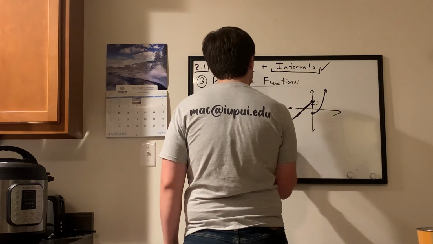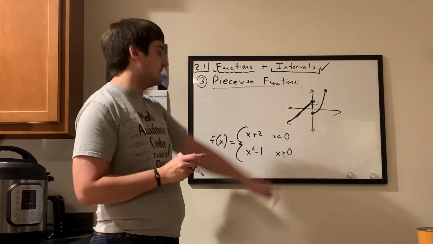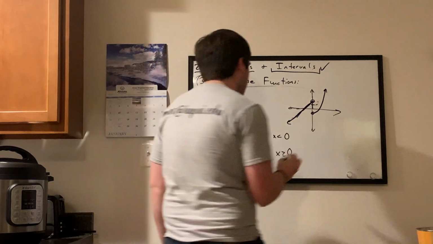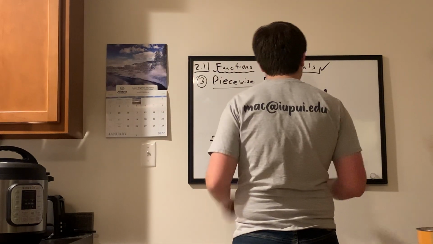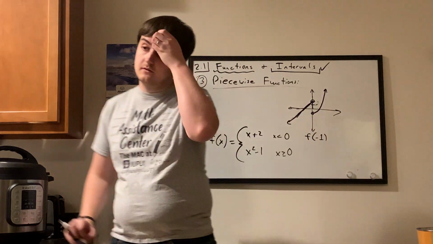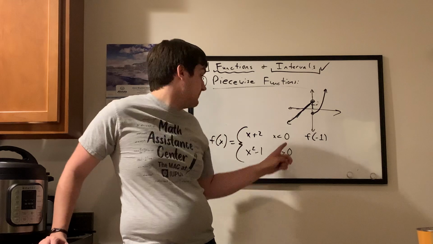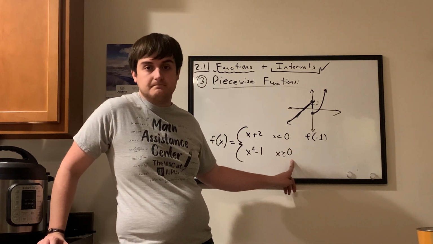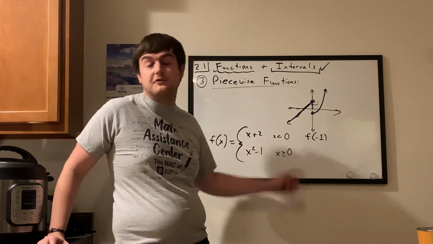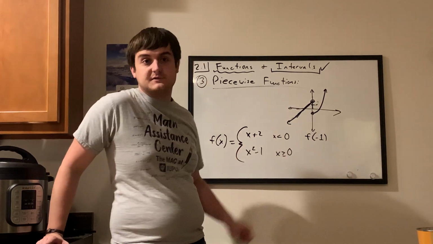Okay, as a final check, to make sure we understand what's happening here, what is f of minus 1? Where does minus 1 fall? Is it in the x is less than 0 category, or the x is greater than or equal to 0 category? It's very clearly the x is less than 0 category. So I'm going to put that into x plus 2.